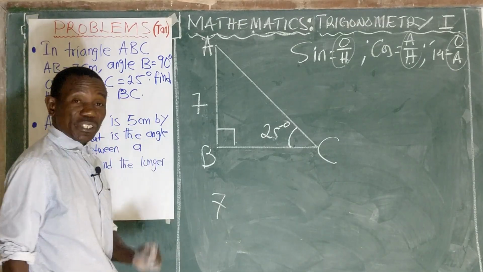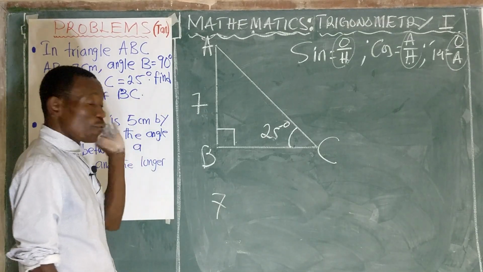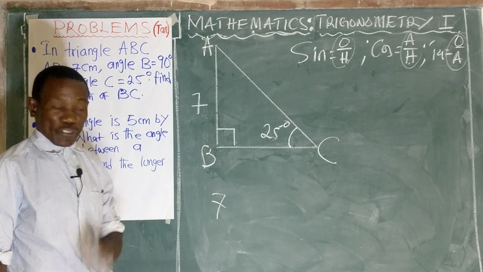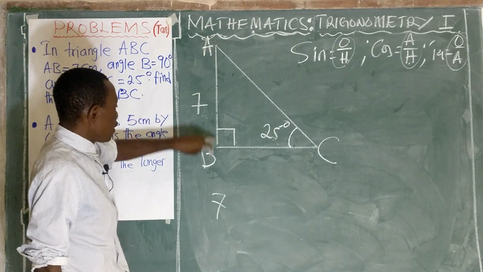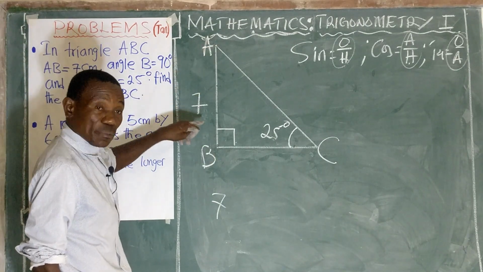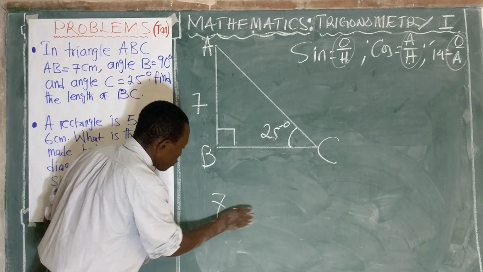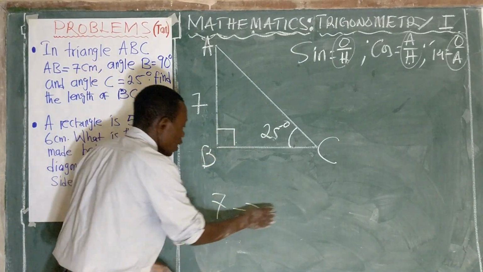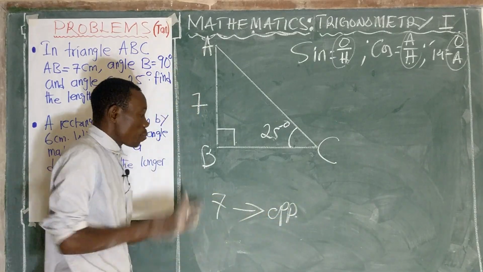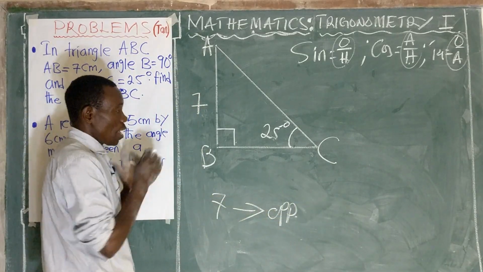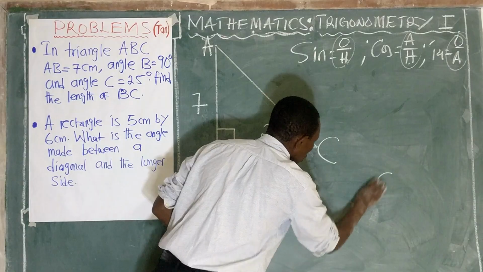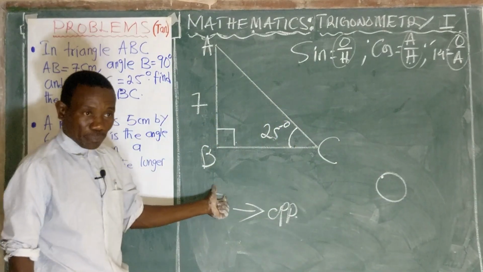Get to know the name of the side whose value is given. Like here, that is side AB as 7 centimeters. What is the name of this side in relation to the particular angle? You'd be able to tell that this side is the opposite side. So I have a side which is opposite that is given.